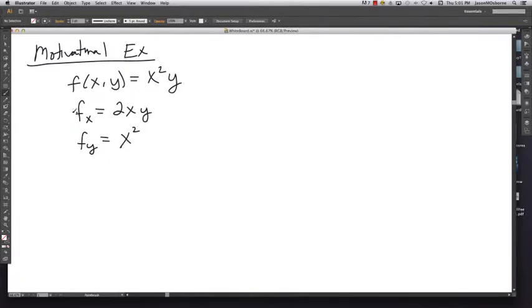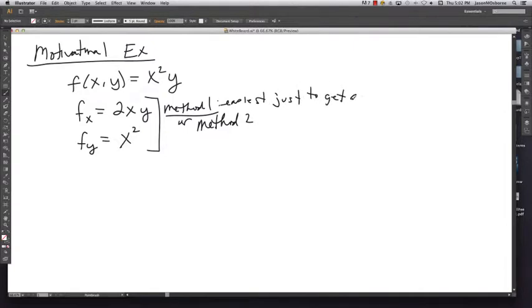And you could get this via whatever method you prefer to use, method 1 or method 2. I think just for getting the answers, method 1 is easiest. Method 2 will tell us what's actually going on. So let's take a look here.